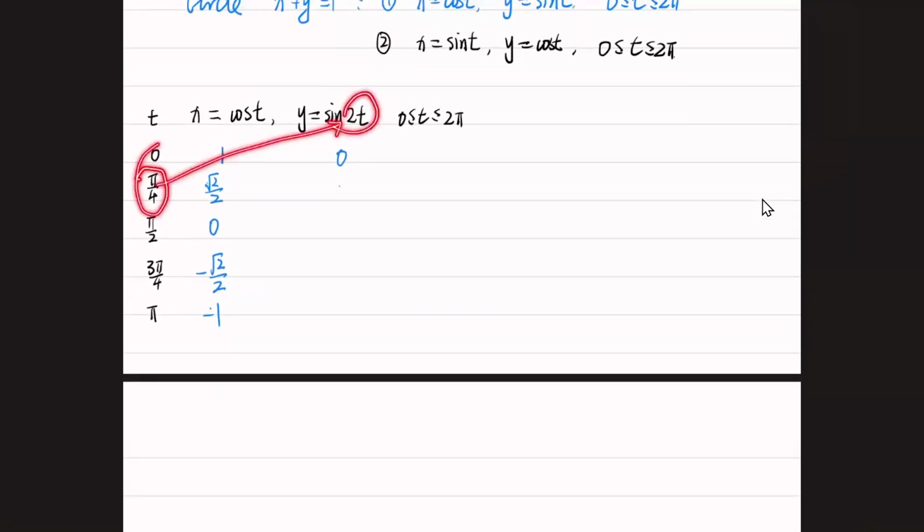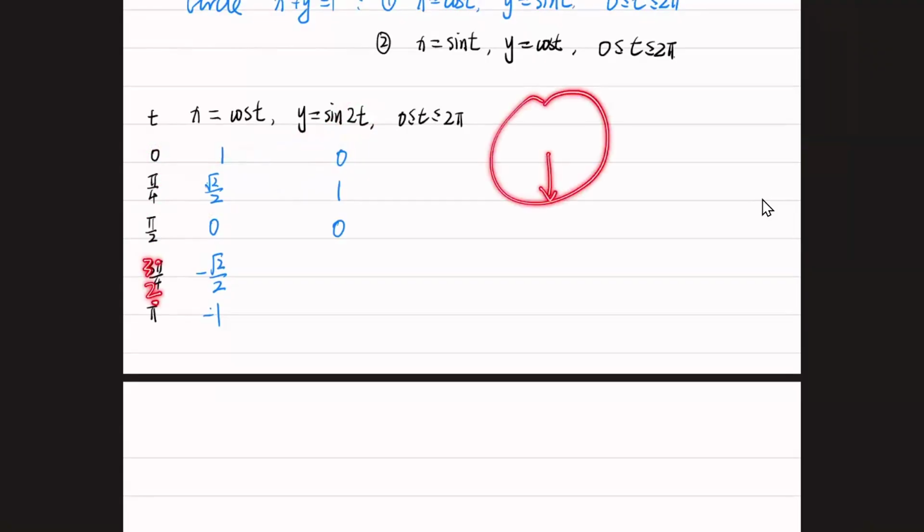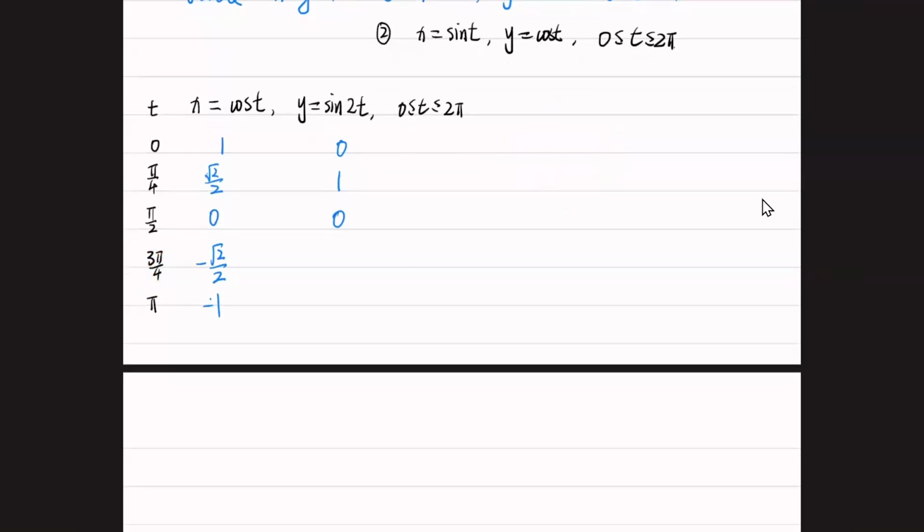At pi over 2, sine of pi, which is 0. At 3 pi over 4, if we multiply by 2, there will be 3 pi over 2. Sine of 3 pi over 2 is in this direction, -1. Okay, and this is 2 pi, 0.